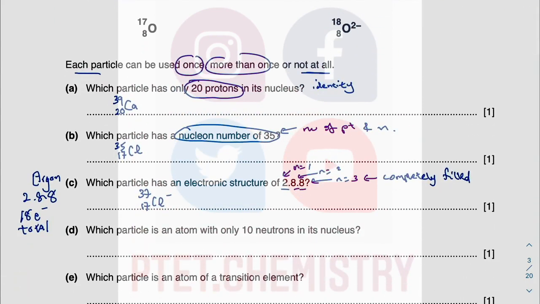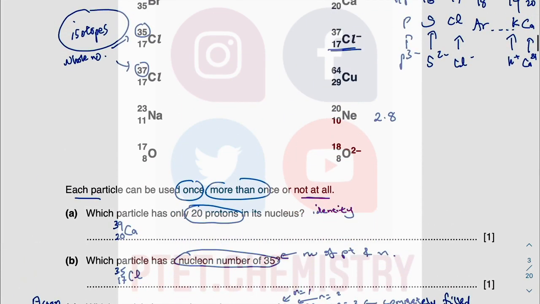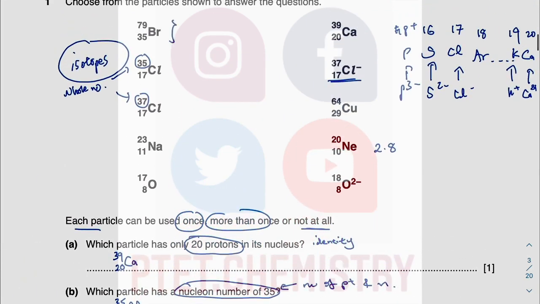Which particle is an atom with only 10 neutrons? Remember, nucleon number is the number of protons and neutrons, and atomic number is just the proton number. So when you take the difference, nucleon number minus proton number, you get the number of neutrons. You want 10 neutrons. Here you get 79 minus 35, which is definitely greater than 10.